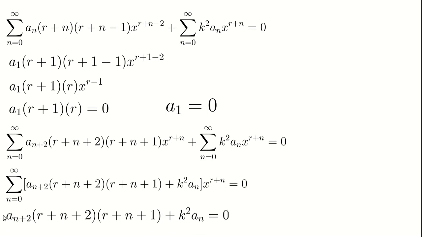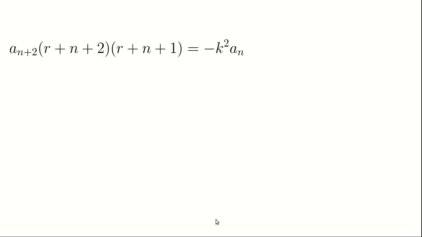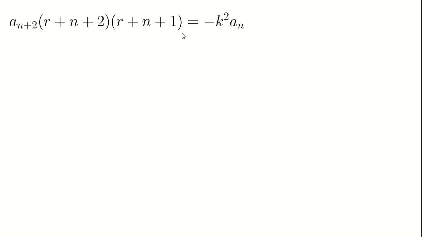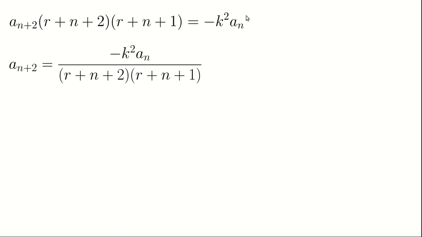So we have our a_(n+2), this one, this one, this one. As usual, we need to make a subscript n plus 2 the subject of the formula, and in doing so, we send this one to this side, then divide both sides. So this is what we have: a_(n+2) equal to, sending this one down, this one.